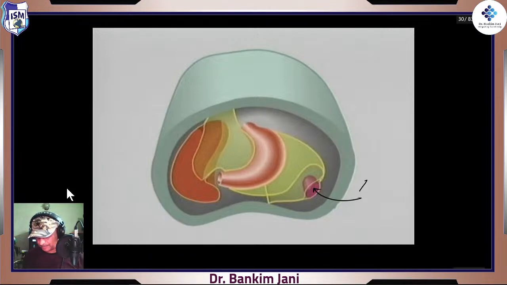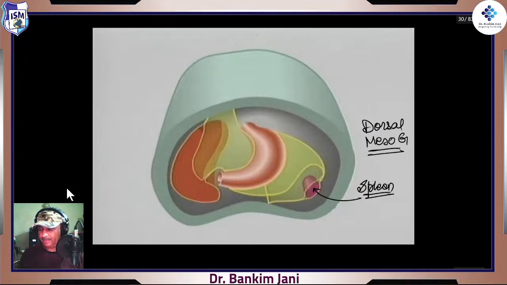Here is the long awaited spleen. That's the spleen, and we know that the spleen develops in the dorsal mesogastrium. So friends, when I said gastrosplenic, I wrote it only for understanding.